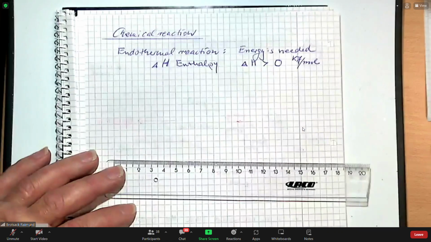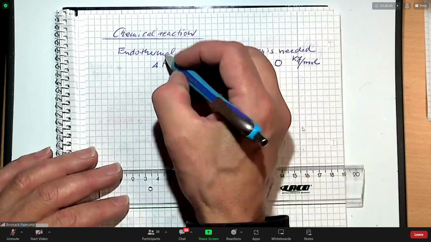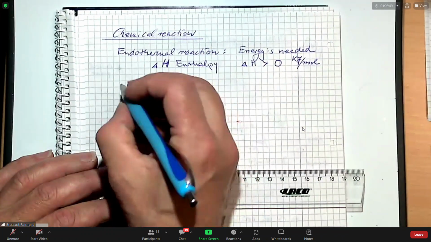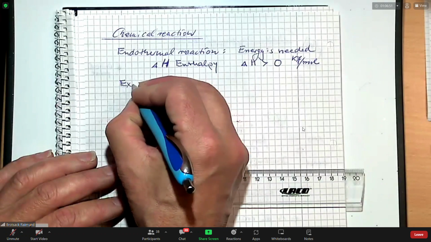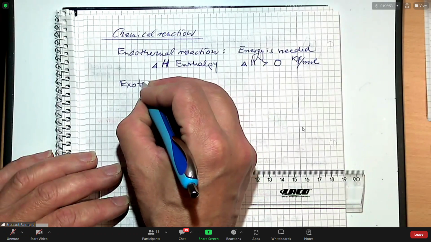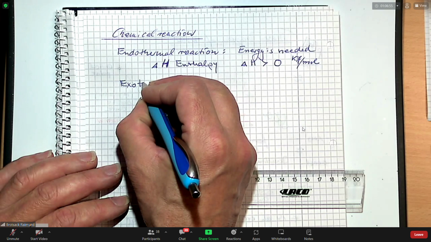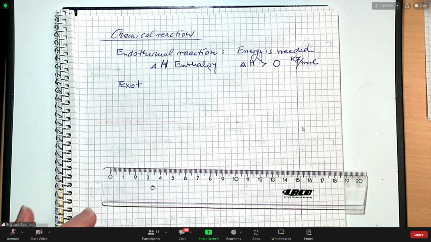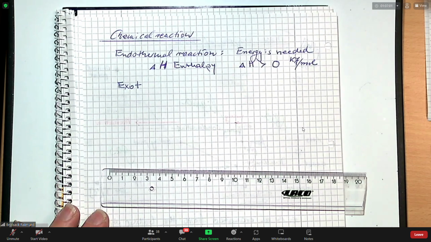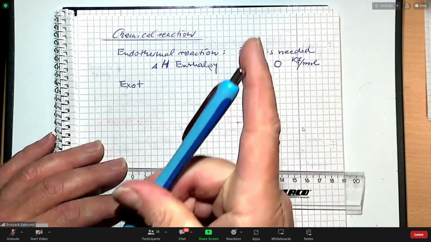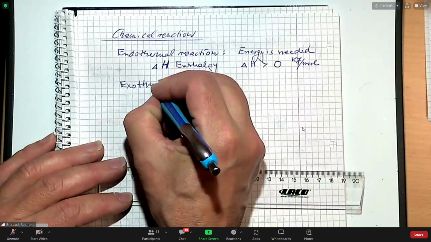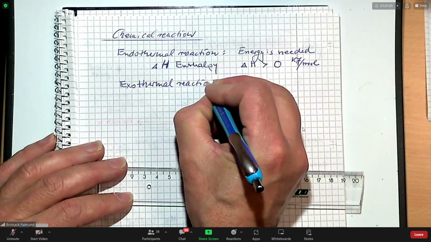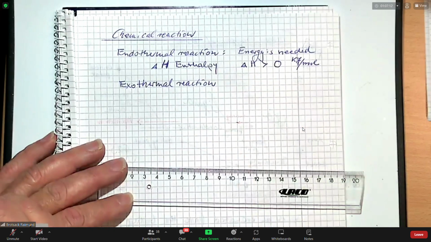Enthalpy is the parameter in thermodynamics. An exothermal reaction: when energy is released or delivered via the reaction, it's exothermal.